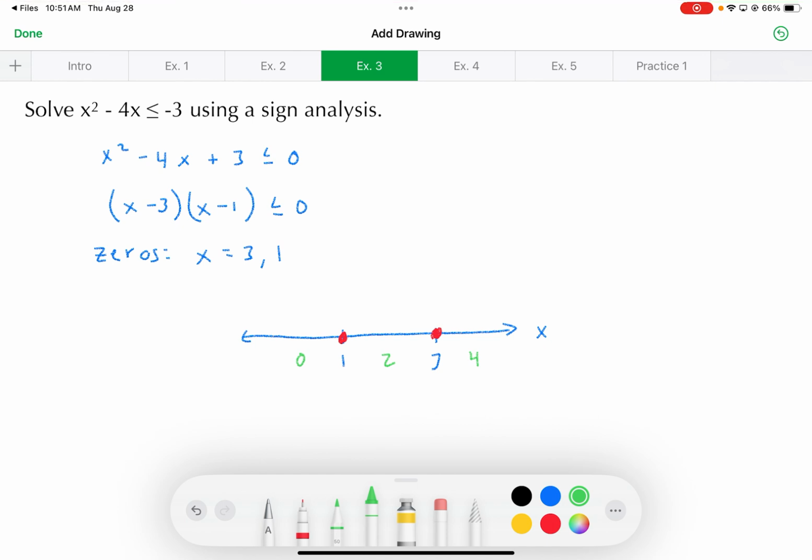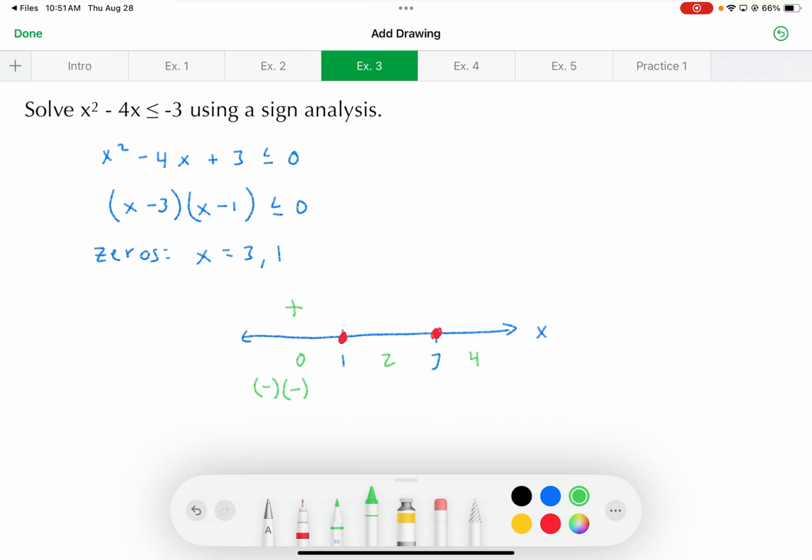I just care whether it's positive or whether it's negative. So think of it this way. If I were to put 0 into this first factor, it would make it negative, so I'm going to put a little negative sign down here. If I were to put 0 into the second factor, it's still going to be negative. What's a negative times a negative always? A positive.